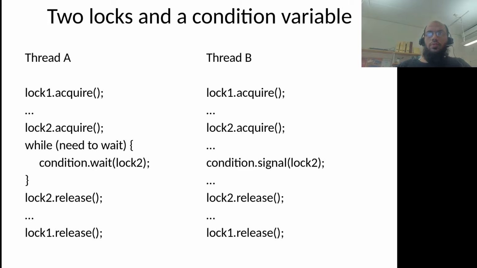So it has acquired them in the correct order: lock 1 dot acquire, lock 2 dot acquire. But then it needs to wait on a condition variable, while thread B is the only thread that has a signal to break this waiting. The condition signal on lock 2 occurs in thread B, but thread B is blocked since both locks are now acquired by thread A.